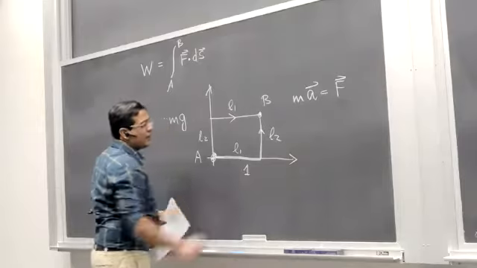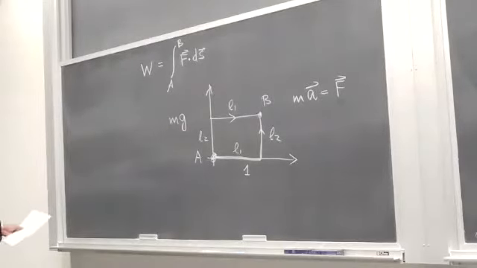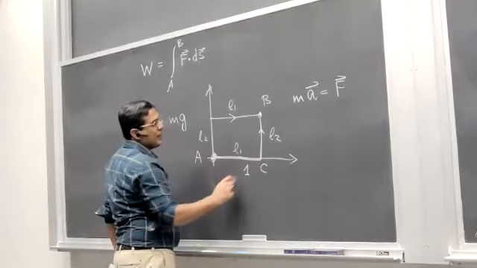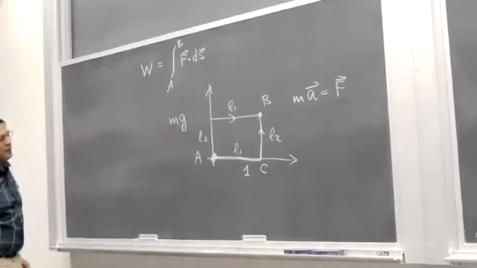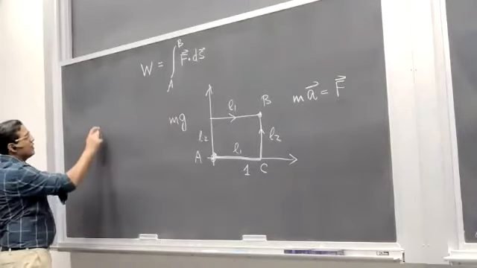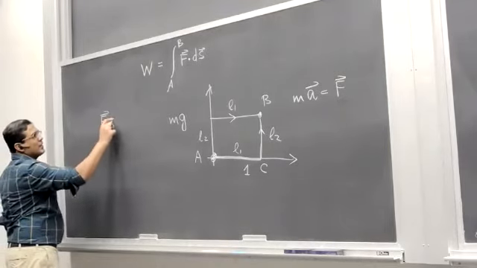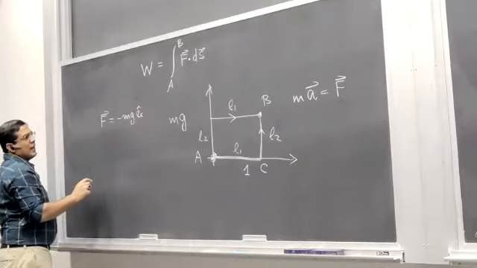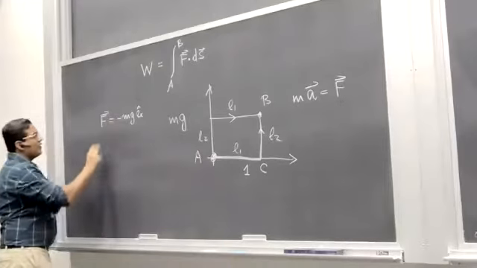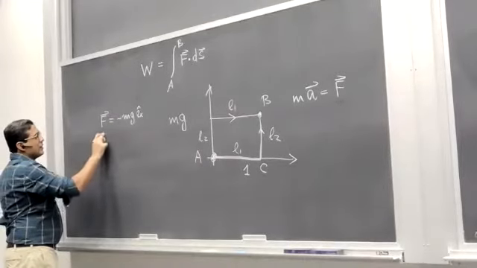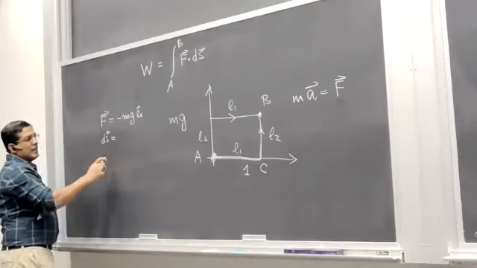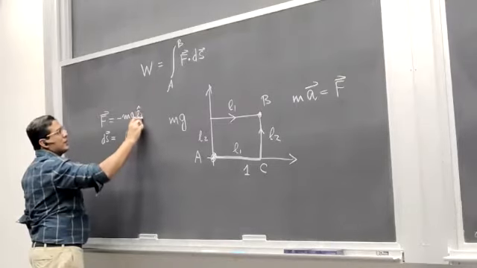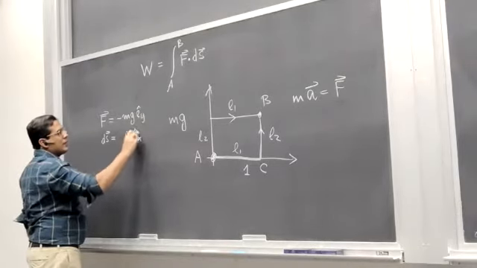If you take path 1 and calculate the work done along path 1, let's chop the path into two pieces. Let's call this A to C. First calculate the work done from A to C. What would be the work done? So let me write the vectors for the force. The force in this case is minus mg ex, and the displacement from A to C is simply L1 ex.